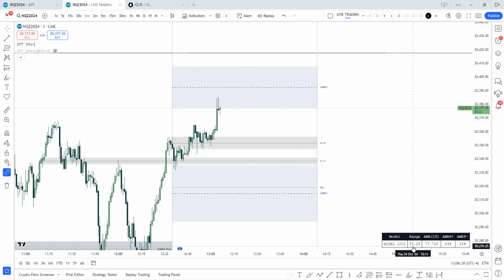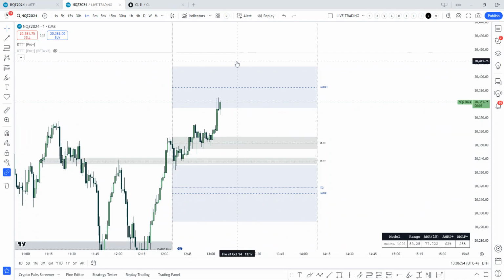Seeing this, the current range is 53. Super basic and easy to understand. On average it is 77. What does that mean? It means we can still move up around, let's say, 24. We still have some opportunity to run, and we still have AMRP up here.